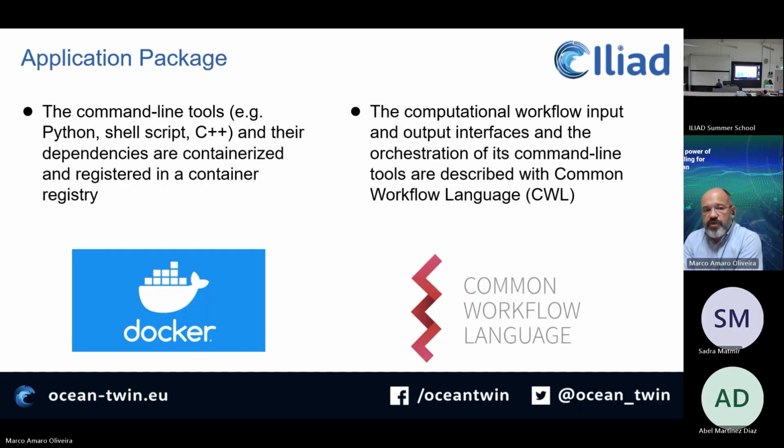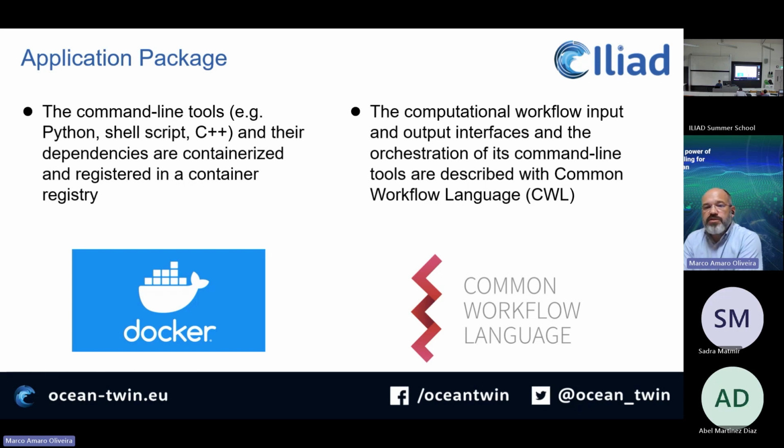So on the application container, on the Docker container, it has a set of tools. For example, your Python script, your shell script, C++, R, whatever you want to run as a tool, and that is containerized and deployed on a repository.